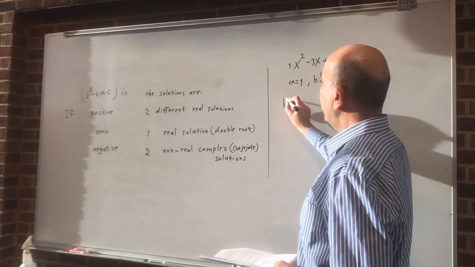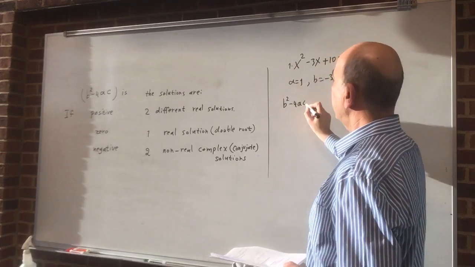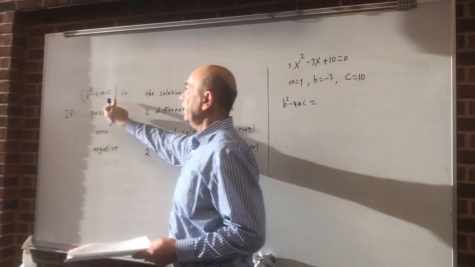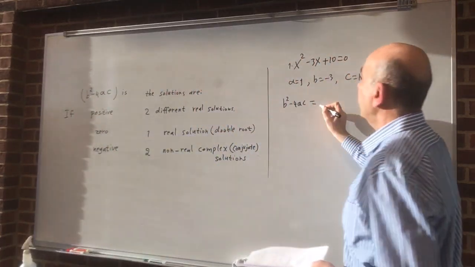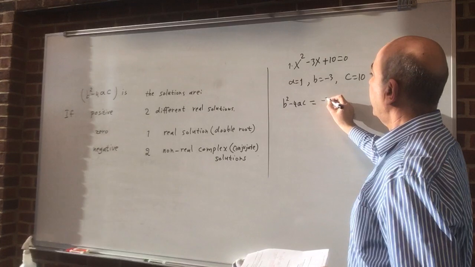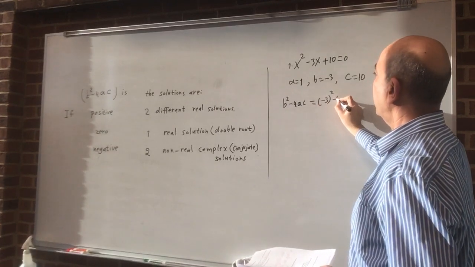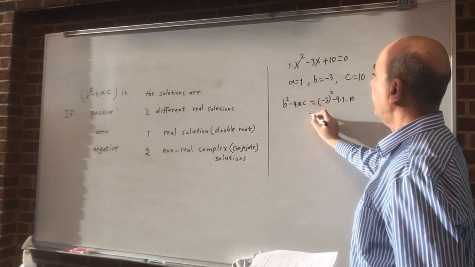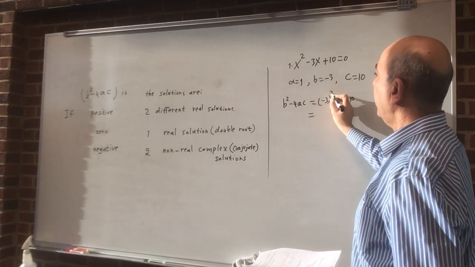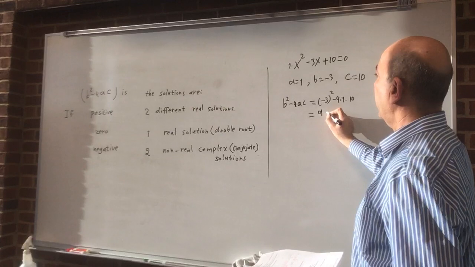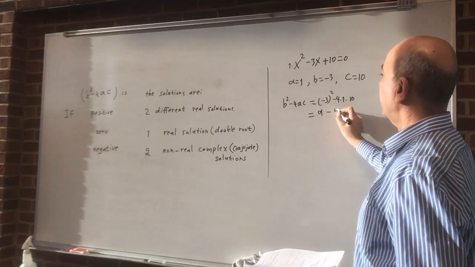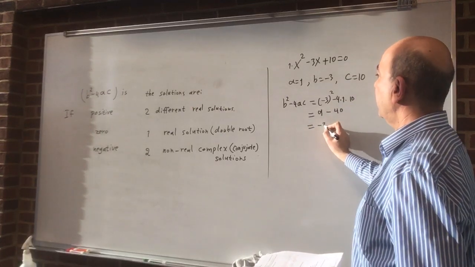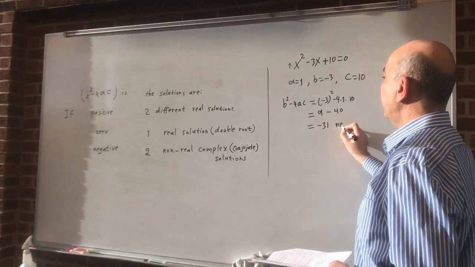Now b squared minus 4ac, the discriminant, equals negative 3 squared minus 4 times a is 1, c is 10. Simplify: negative 3 squared is positive 9, 4 times 10 is 40. So the answer is negative 31, which is negative.